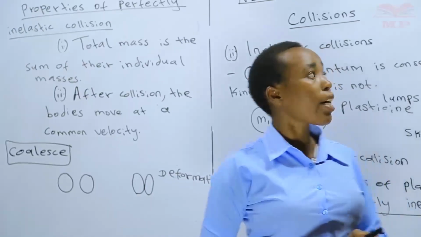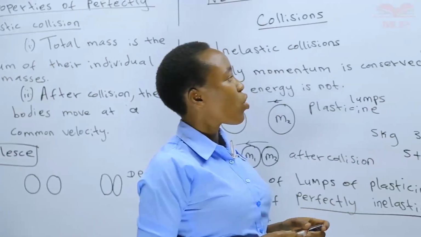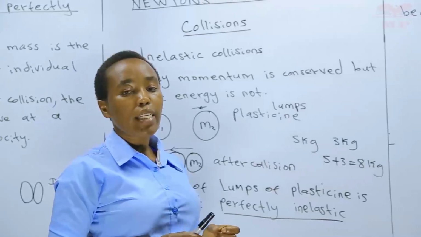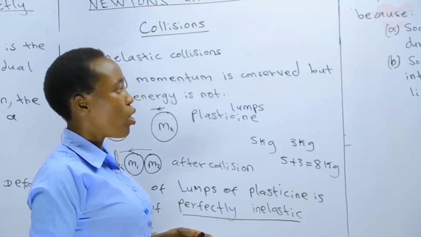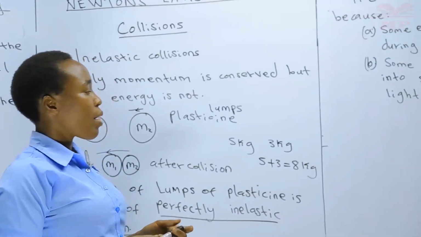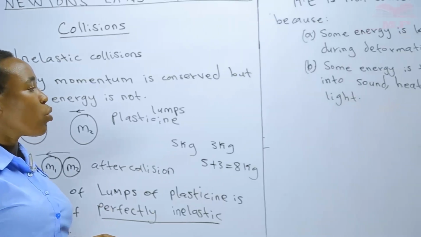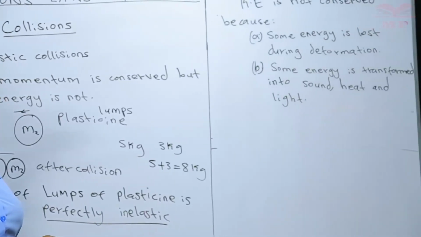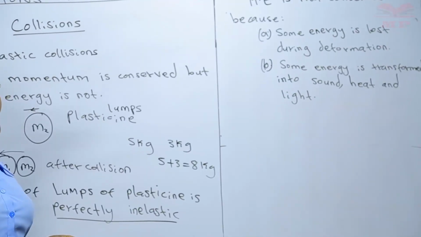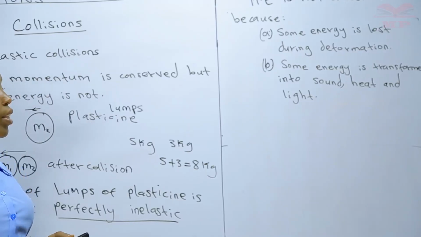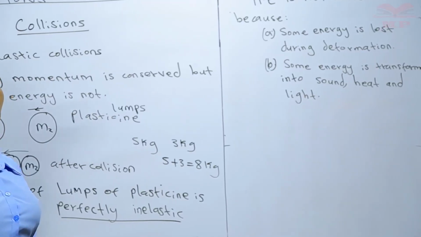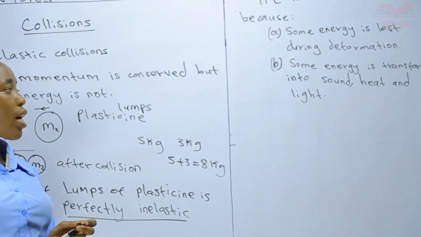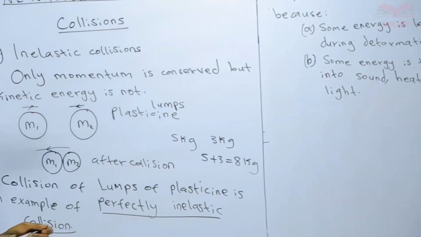Kinetic energy is not conserved because some energy is lost during the deformation, and some is transformed into sound. Sometimes there may be production of heat and light. Those are the types of collision that we have.